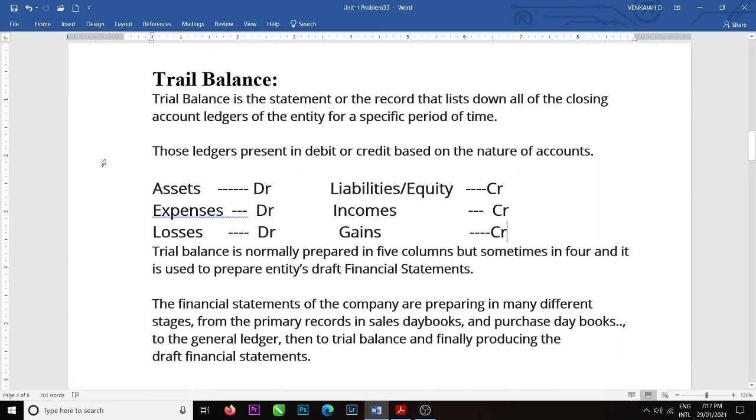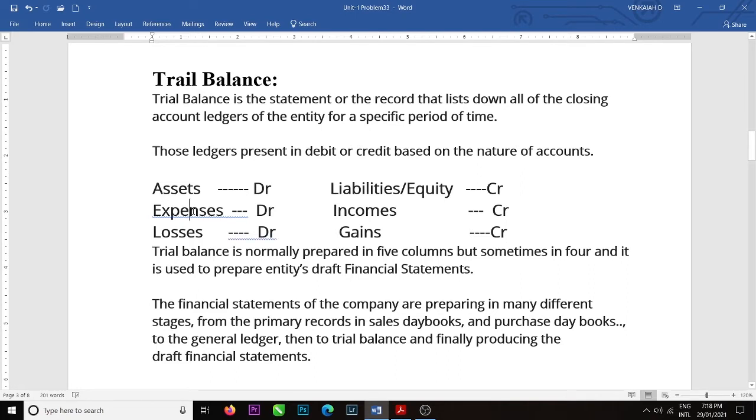So what does it mean? Those ledgers are presented in debit or credit based on the nature of the account. If the account nature is asset, for example furniture, plant, machinery, cash, bank, that will show a debit balance.